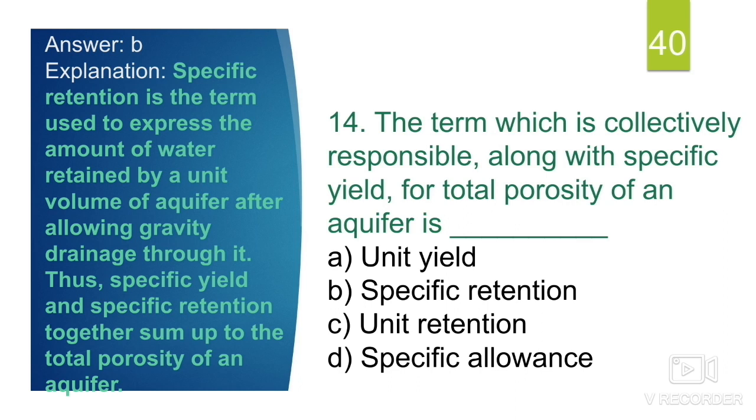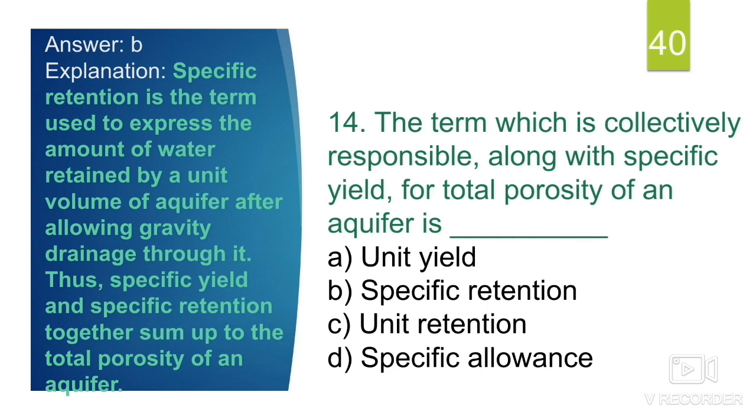So specific yield may be defined as the ratio of the volume of water which can be drained out to the total volume of the aquifer. Specific retention is the ratio of the volume of water which is retained to the total volume of the aquifer. So specific retention is the term used to express the amount of water retained by a unit volume of aquifer, allowing gravity drainage through it.